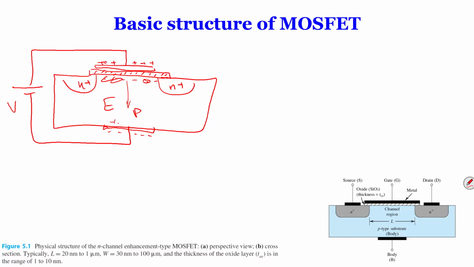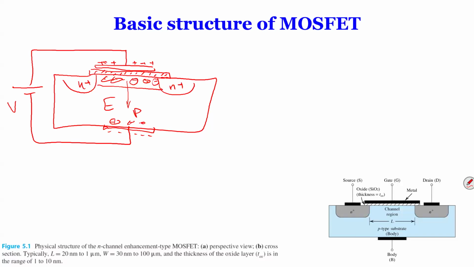A lot of them move here, and that balances the charge. So negative electrons move to this area, and once they move here, they accumulate in this small region between this surface and here. So there's a channel of electrons accumulated in this area.